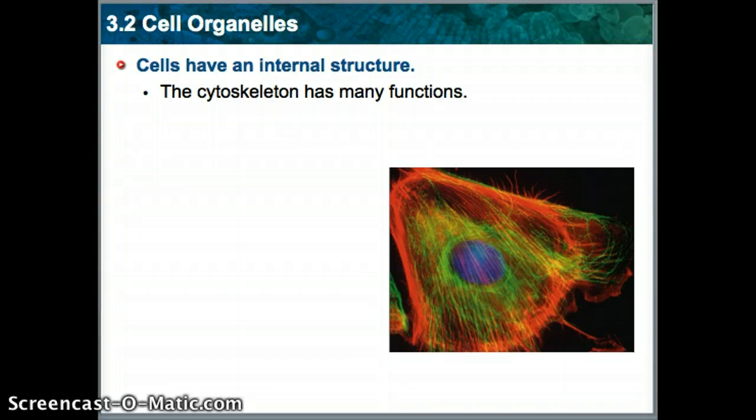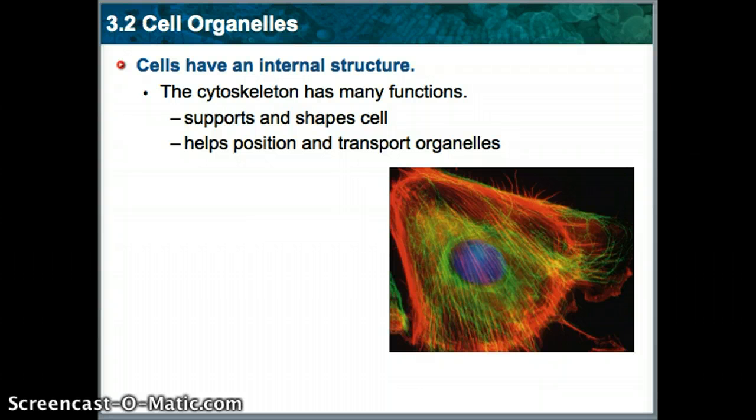All you need to know about microtubules is that they are responsible for various kinds of movement within the cell. The cytoskeleton supports the cell and provides shape. It's going to assist in cell division, aid in cell movement, and help out with the movement of materials in and out of cells. So it's going to help position and transport certain organelles that we will discuss later.